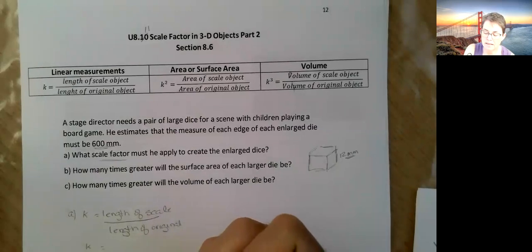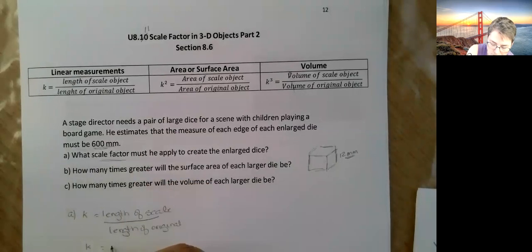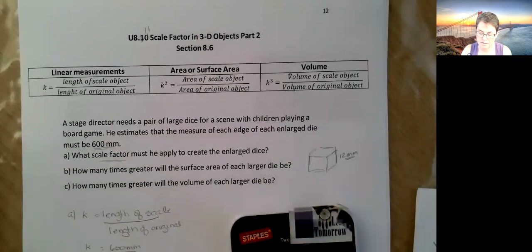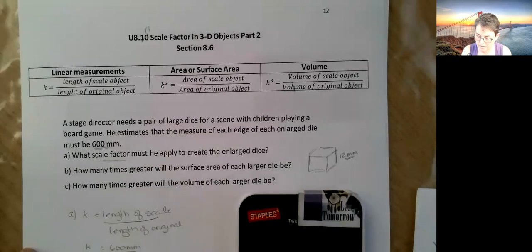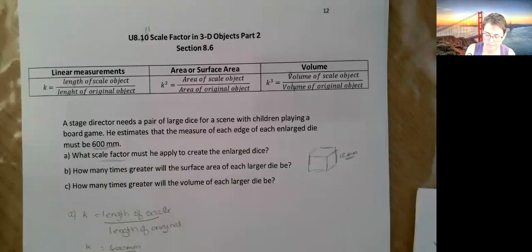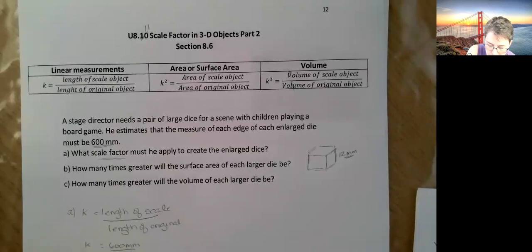Now, the thing that he is building, his enlargement, is 600 millimeters divided by 12 millimeters. And I don't know what that is. I want to say 50, but I don't know. Yep. So K is equal to 50.